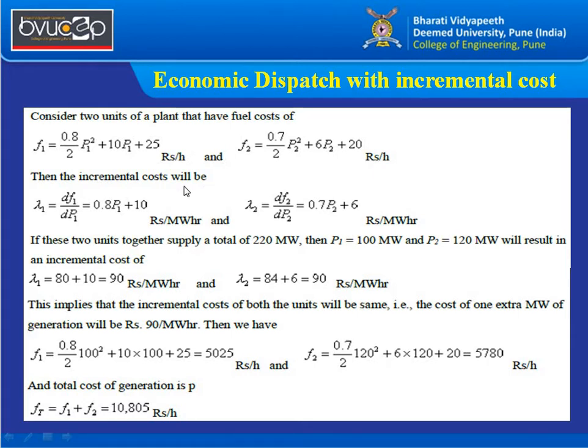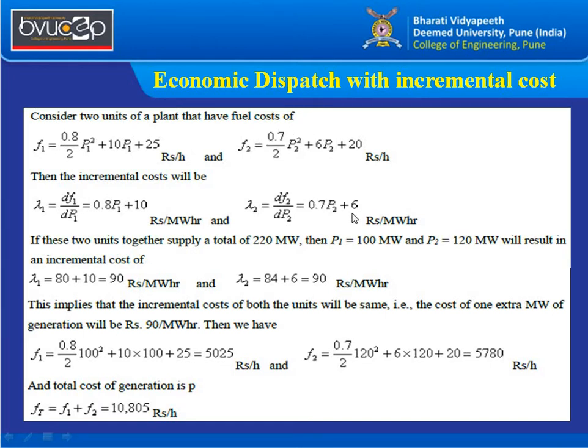Then the incremental cost. To calculate the incremental cost, we can use the Lagrange multiplier, or we can define it by the incremental cost term, which is calculated as lambda 1. We take the derivative of this function with respect to p1, so we get 0.8 p1 plus 10, which is calculated in rupees per megawatt hour, and lambda 2 is calculated as the derivative with respect to p2.